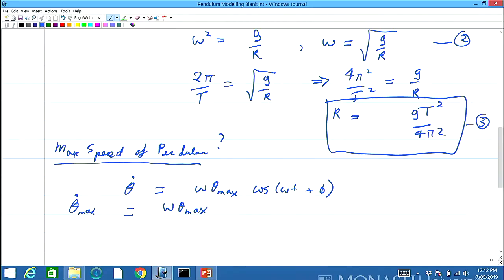We know that occurs at the bottom of the swing. So that's the maximum angular speed of the pendulum, and it's related to the maximum swing angle. Very nice.